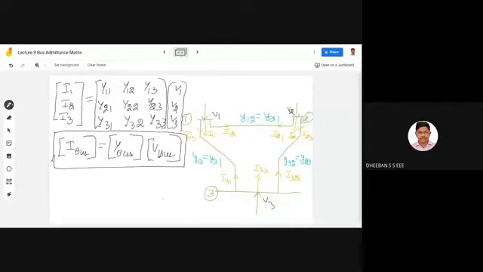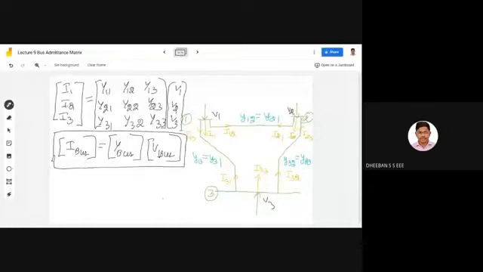This is what you have to consider for the formation of Y bus. In the next one I'll deal with the step by step algorithm for formation of Y bus.